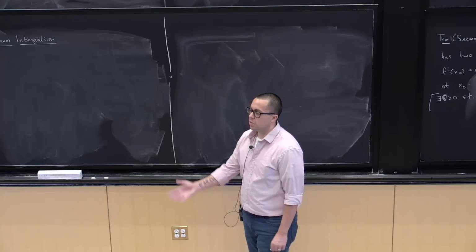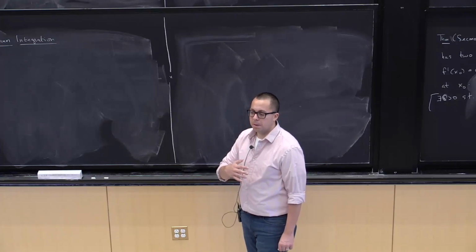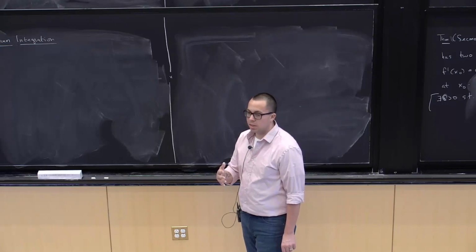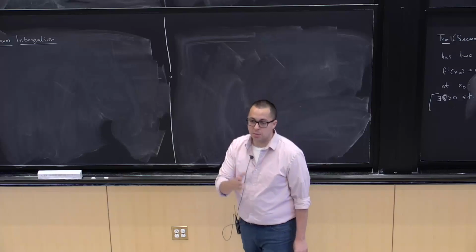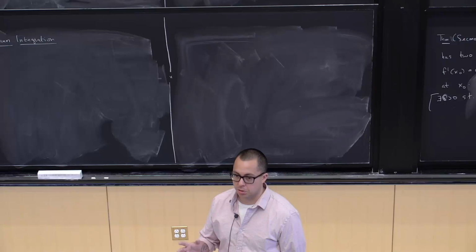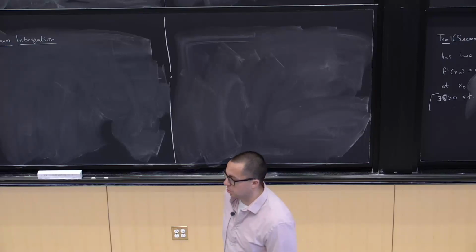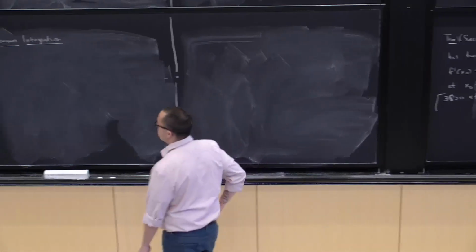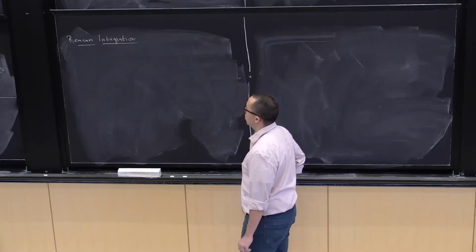Because we don't have the machinery to state a precise if-and-only-if statement about when a function is Riemann integrable, I'm just going to do the Riemann integral for continuous functions, which is nice and simple enough and still pretty.